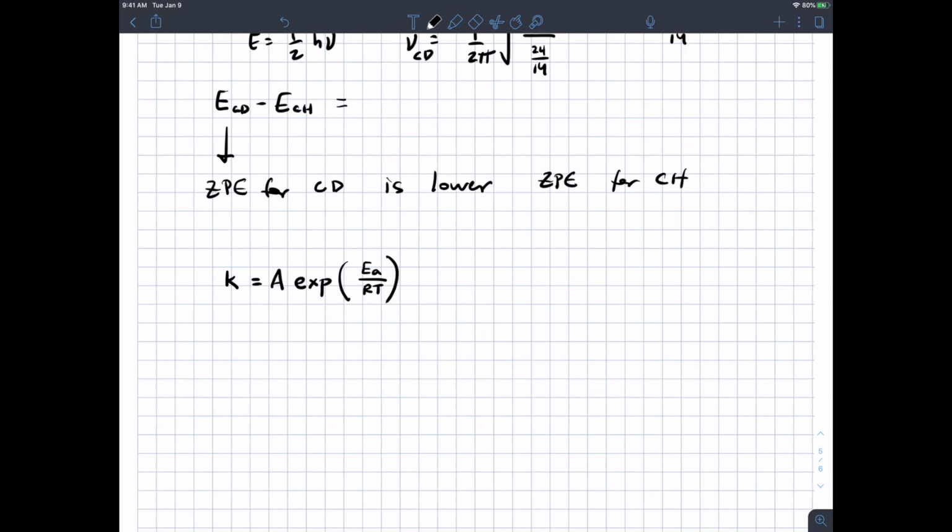And that's if you want kilocalories per mole. If you just want kilocalories per molecule, you use Boltzmann constant, Kb.